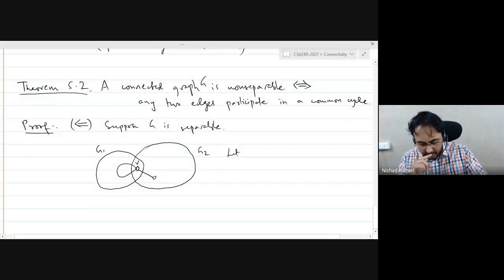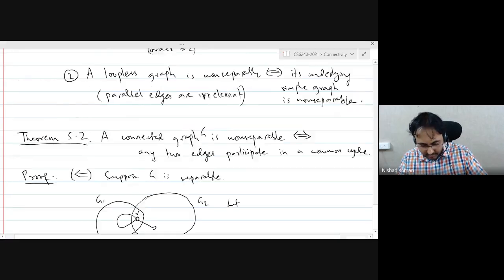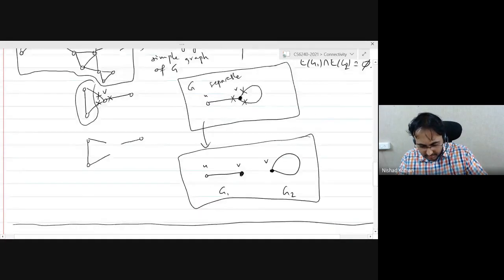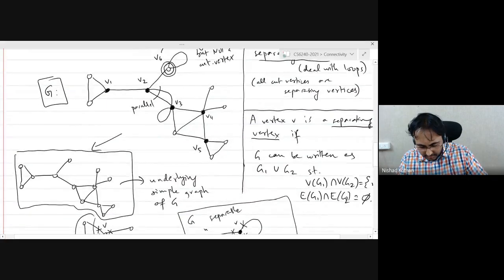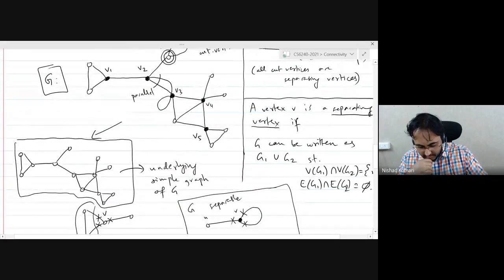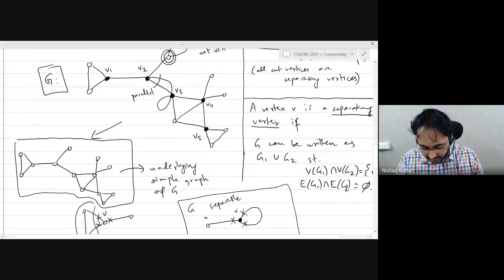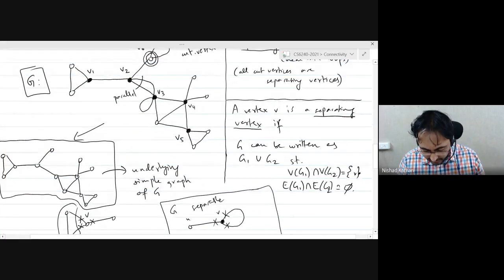I think I might have made a small mistake in the definition. It's a separating vertex if it can be written as such. According to the definition I've written here, every vertex is a separating vertex.